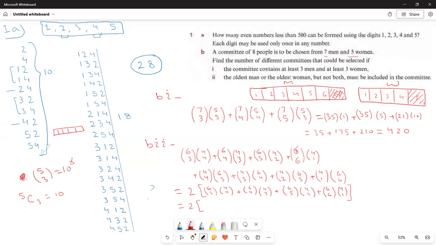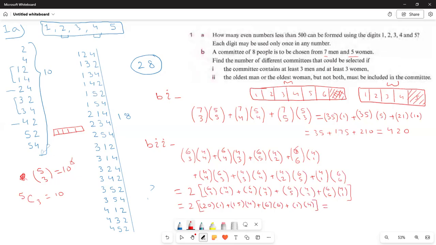Now, what is 6 combination 3? It is 20 and 4 combination 4 is 1. 6 combination 4 is 15 and 4 combination 3 is 4. 6 combination 5 is 6 and 4 combination 2 is 6 as well. 6 combination 6 is 1 and 4 combination 1 is 4.